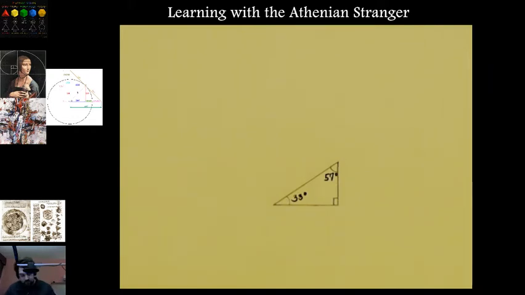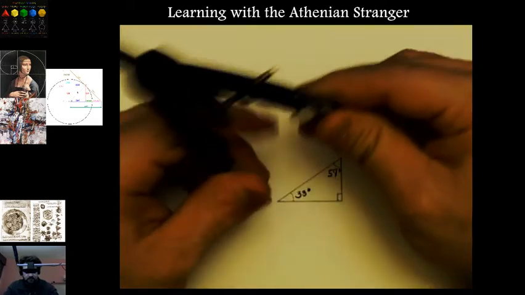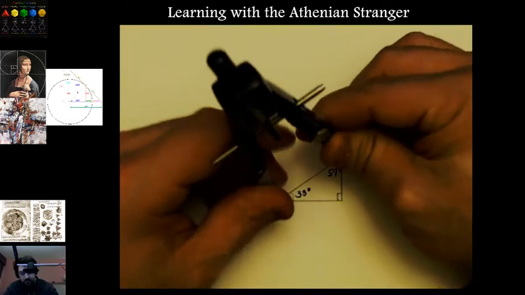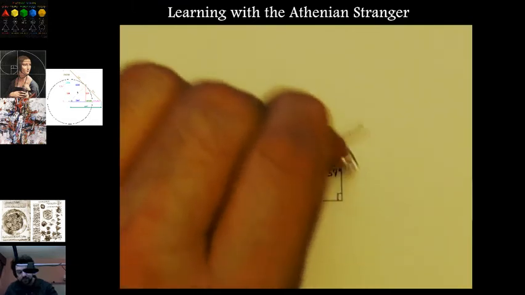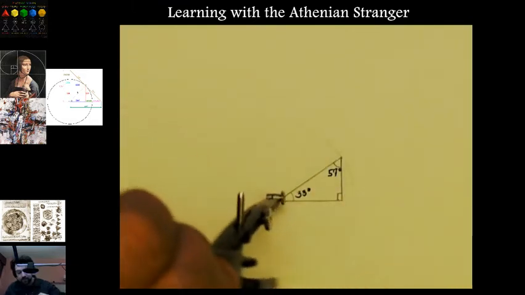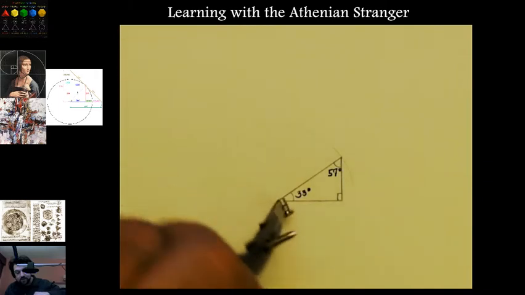So now, let me complete. Remember, this is going to represent radius 1. So let me just complete a quick circle around this so we establish what we're doing.